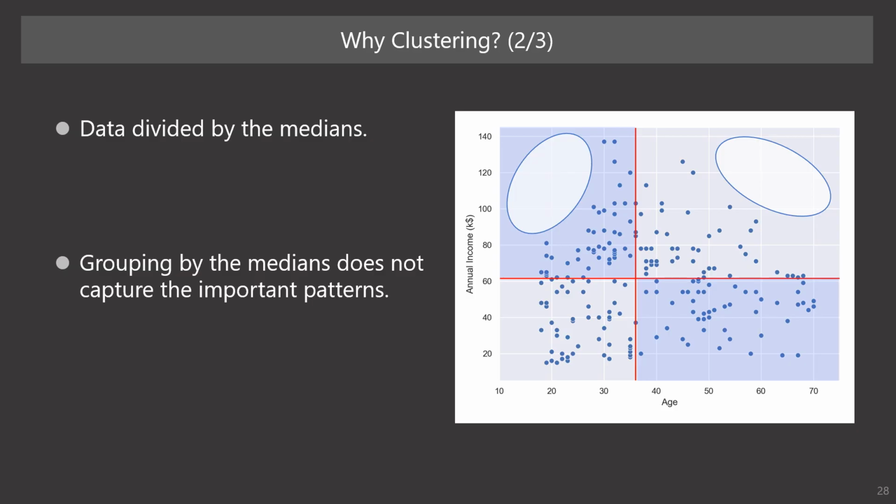However, as we can see, there are few observations at the corners of the upper two cells. Rather, the observations are concentrated at the center of the scatter plot. So, this grouping does not capture the notable patterns in this data.